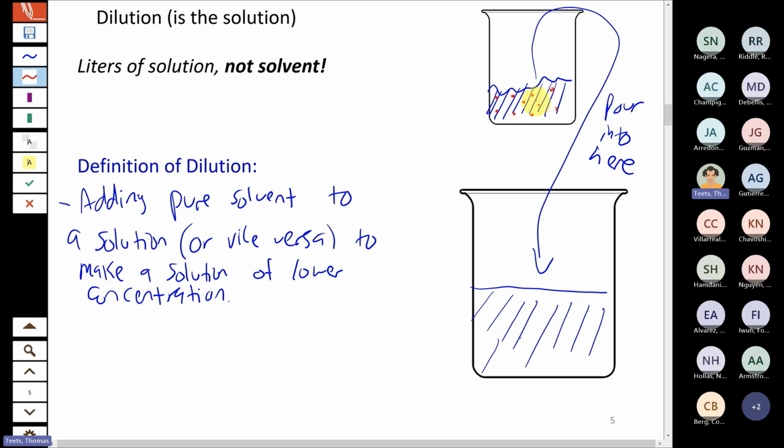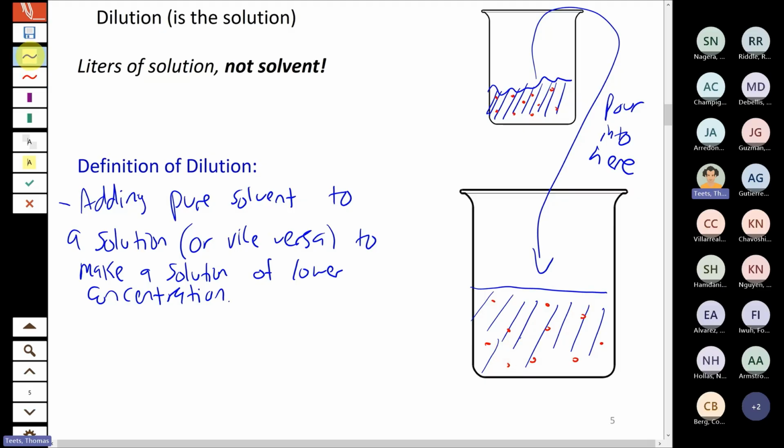We have 10 solute particles here. We're dumping them all in to make a new solution of a different concentration. Those same 10 solute particles still exist. They don't go away or nothing happens to them. So now we have the same number of solute molecules or solute ions, whatever the case is, 1, 2, 3, 4, 5, 6, 7, 8, 9, 10, but they're dispersed in a larger volume.